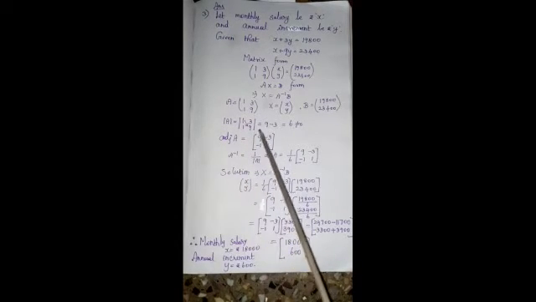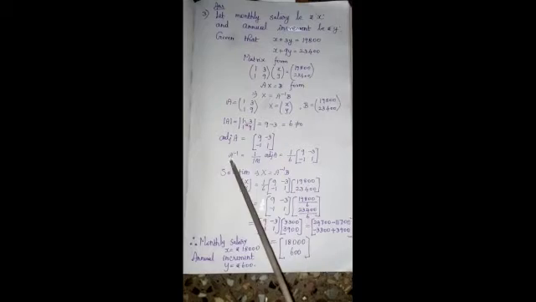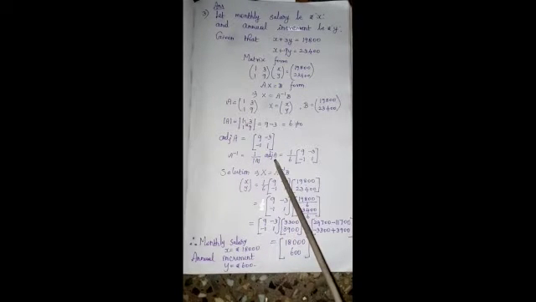Adjoint A is the transpose of the cofactor matrix, and A inverse is 1 by determinant A into adjoint A. The solution is X equal to A inverse B. So [x; y] is 1 by 6 [9, minus 3; minus 1, 1] times [19,800; 23,400]. First dividing by 6, we get [9, minus 3; minus 1, 1] times [3,300; 3,900].